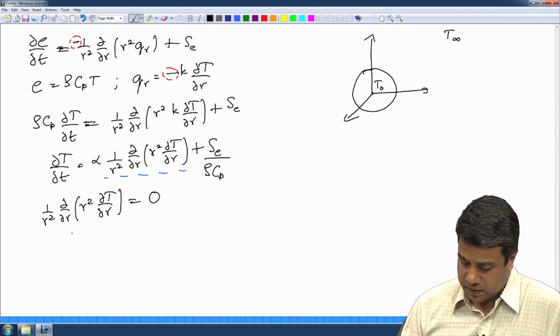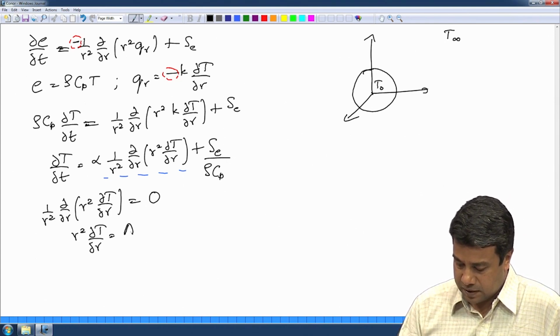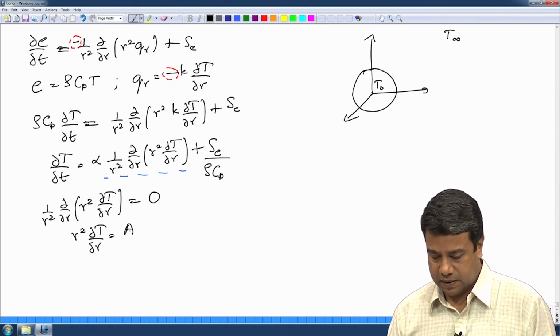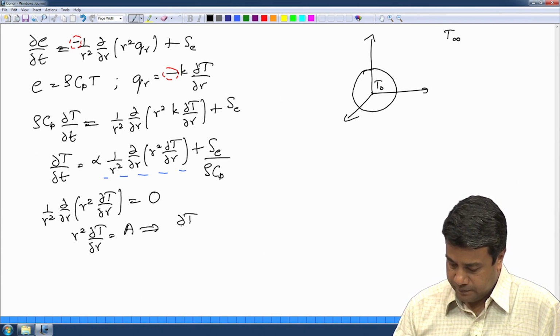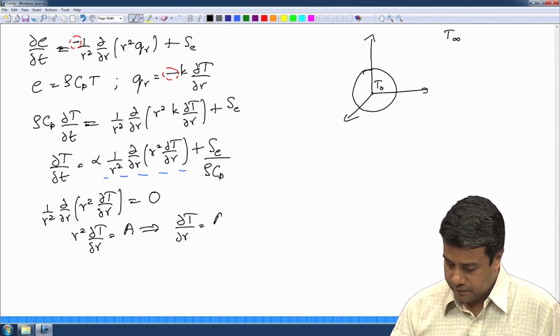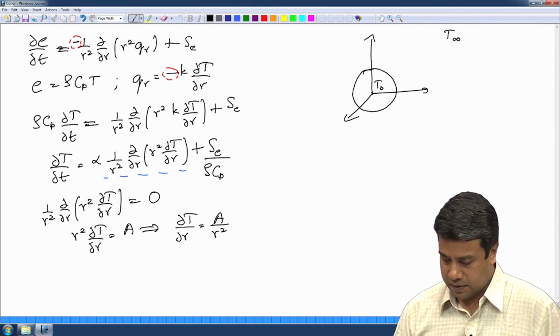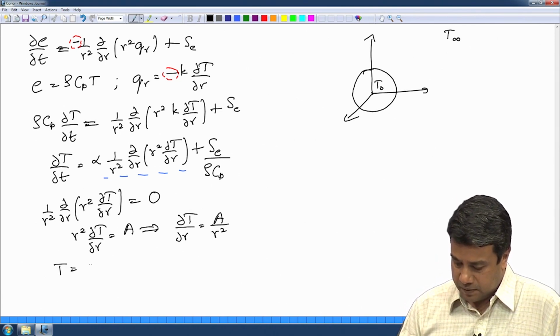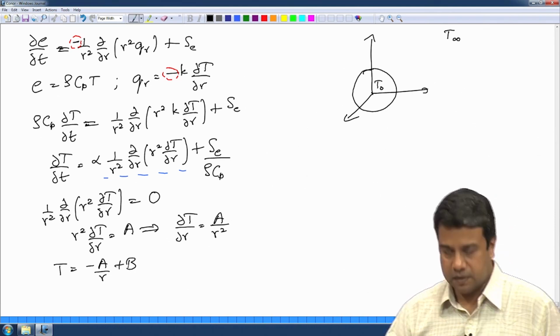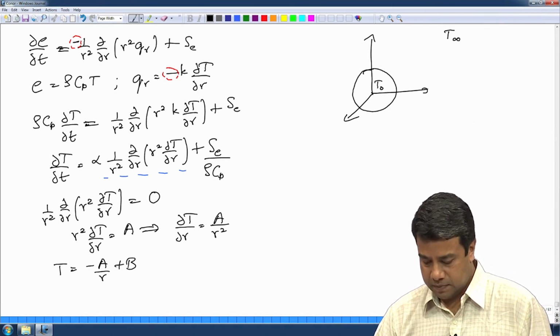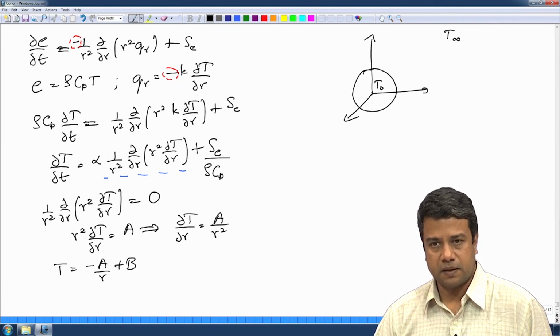Or if I integrate once, r square dT by dr is equal to some constant a. Therefore, T will be equal to minus a by r plus b. Minus a by r plus b is going to be the temperature.